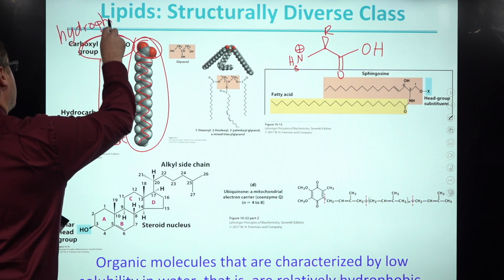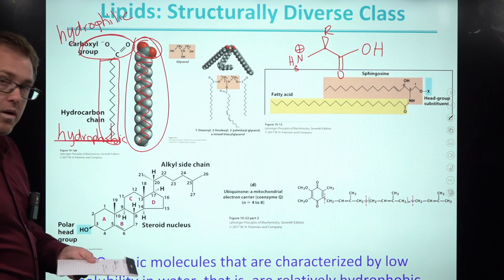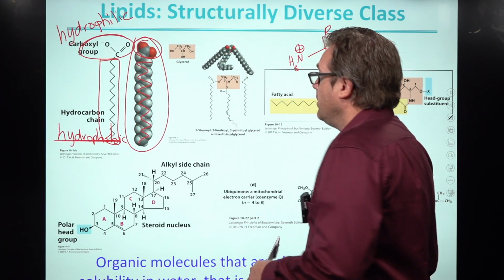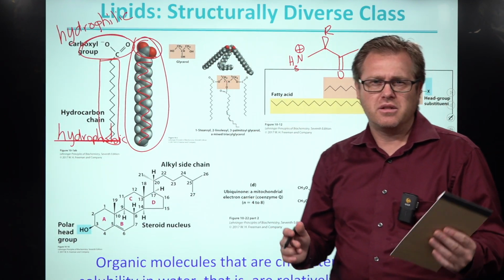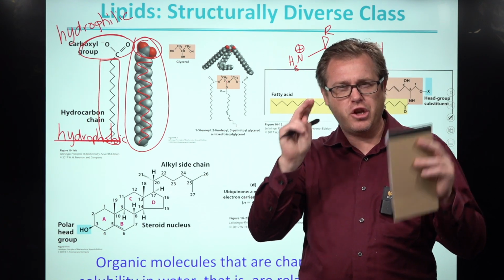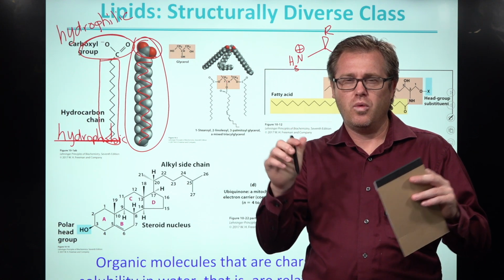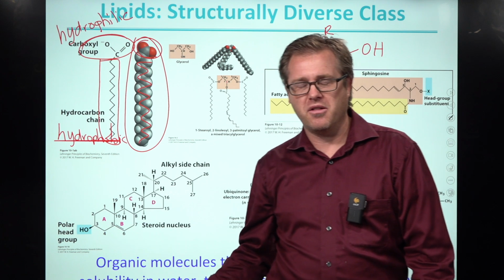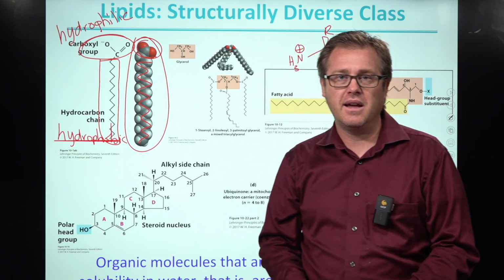And then this part right here, the polar head group, that would be what? Hydrophilic, or water-loving. So we have a molecule that has two physical properties. One end is hydrophobic, doesn't like water, but the other part of the molecule is hydrophilic and loves water.